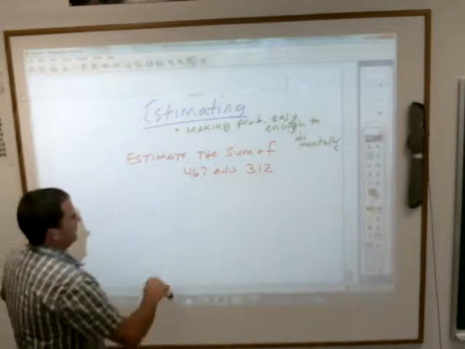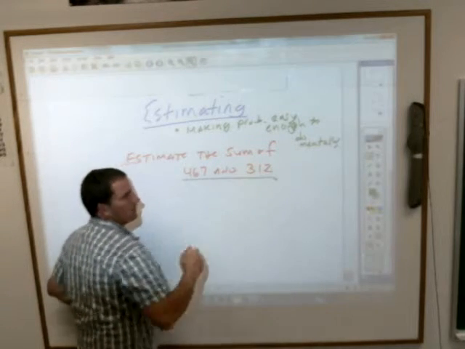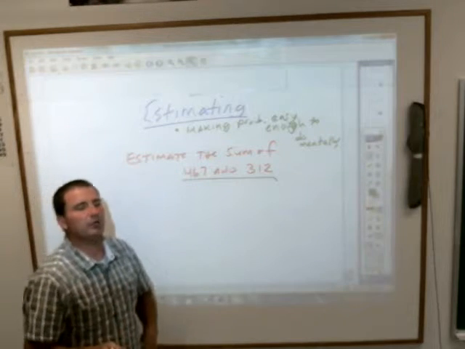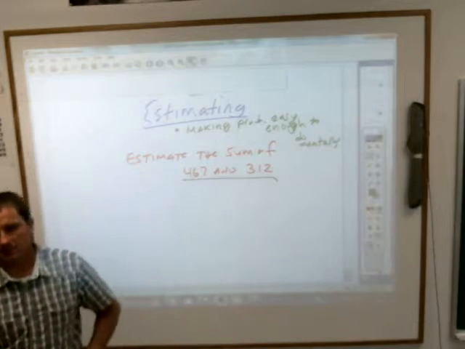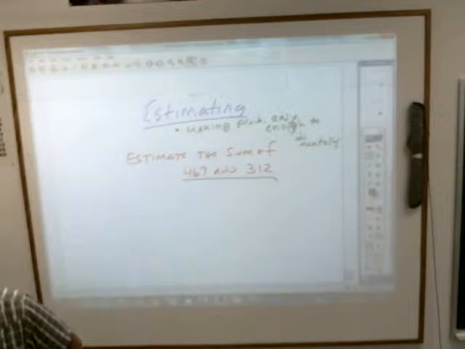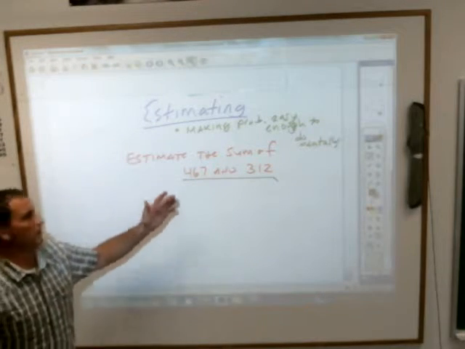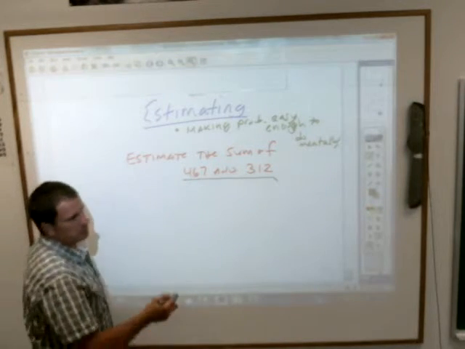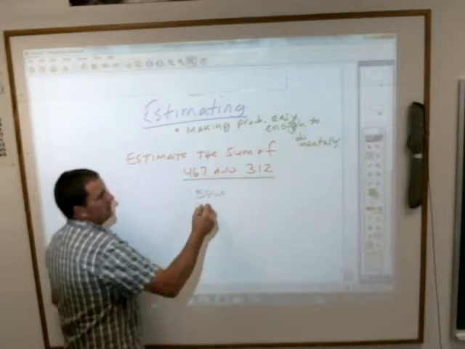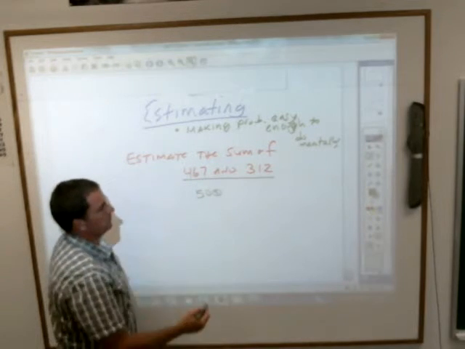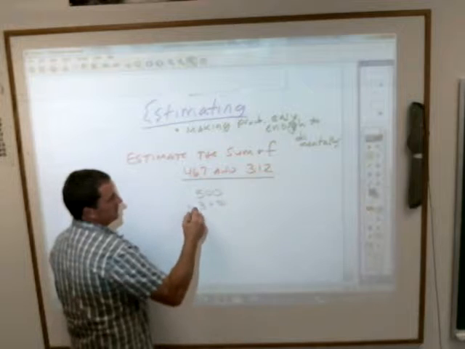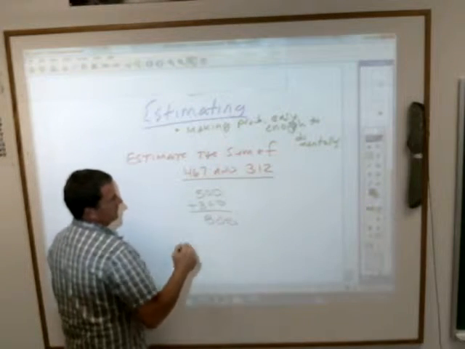To do this, you look at the numbers you're working with, and you round those to what you think would be the easiest things really to work with, and be reasonable still. For example, 467, I would just say that's close to 500. 312 is close to 300, and their sum then would be 800.